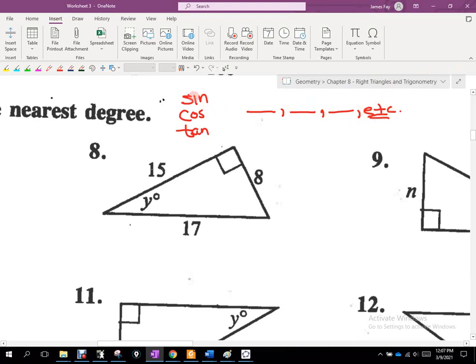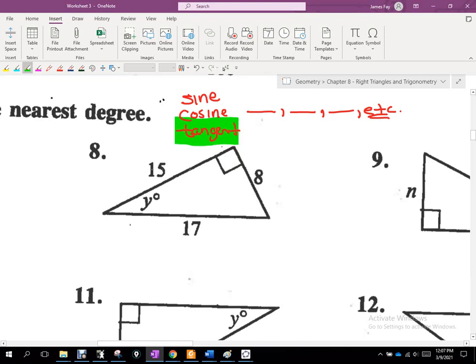So when we look at sin, cos, and tan, they're the abbreviations for sine, cosine, and tangent, okay? A lot of times, and this is just practice, even in higher level math, you'll hear people say tan of an angle or whatever.